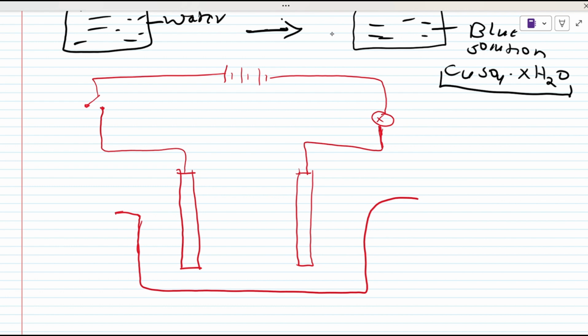Now I need to ensure that I have copper sulfate solution as my electrolyte.